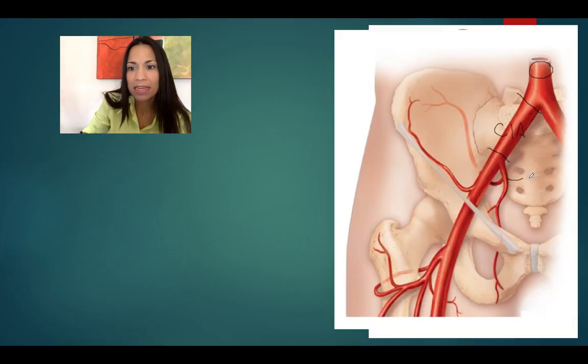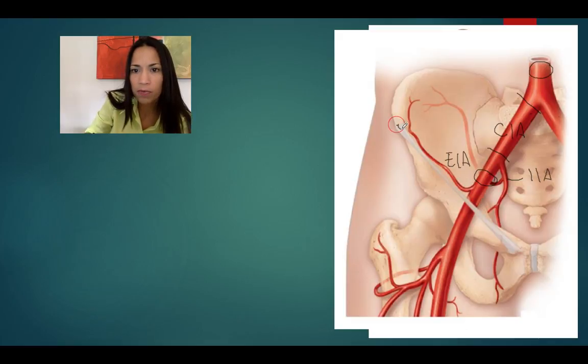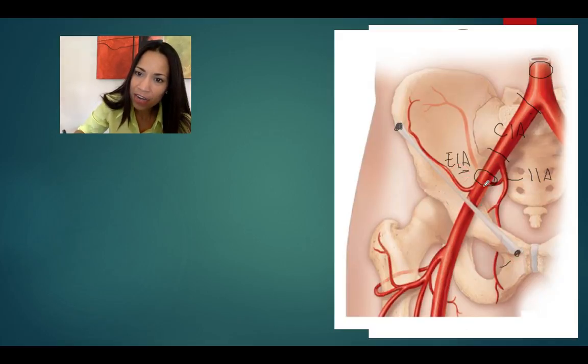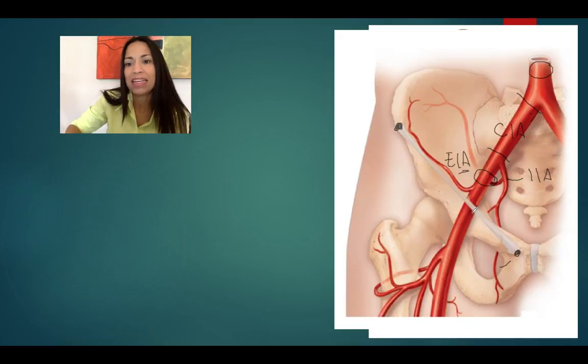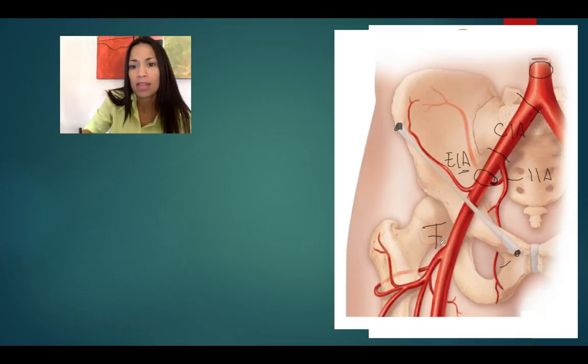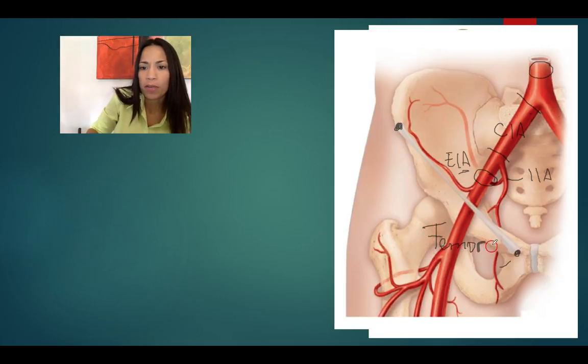The medial one is the internal iliac artery, and the lateral is the external iliac artery. Look at the inguinal ligament from the anterior superior iliac spine to the pubic tubercle. So this external iliac artery passes under that ligament and becomes the femoral artery.